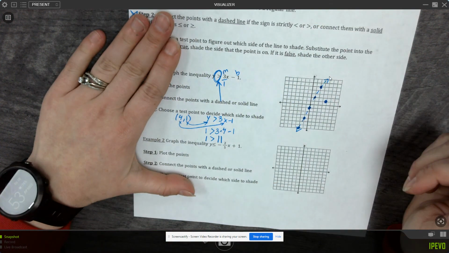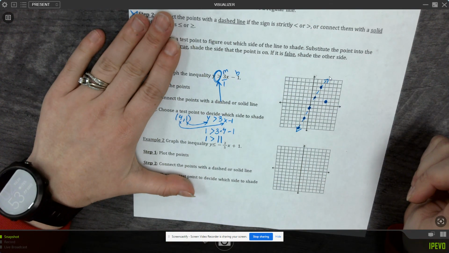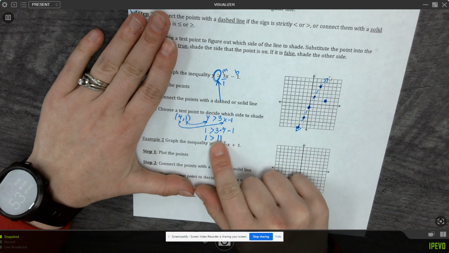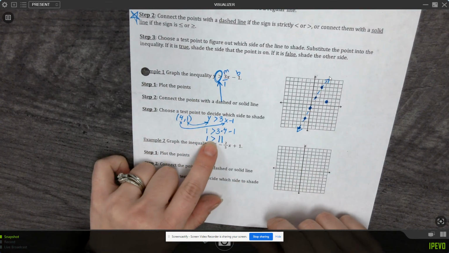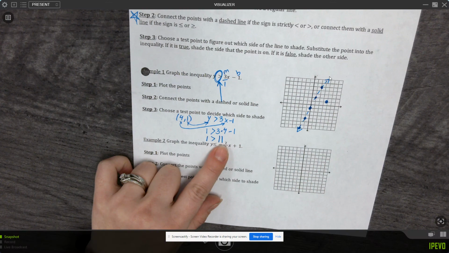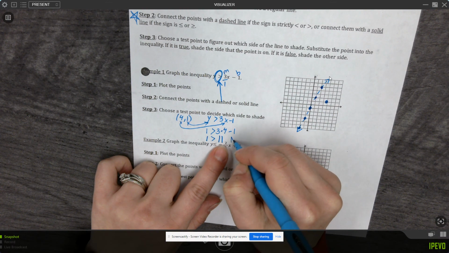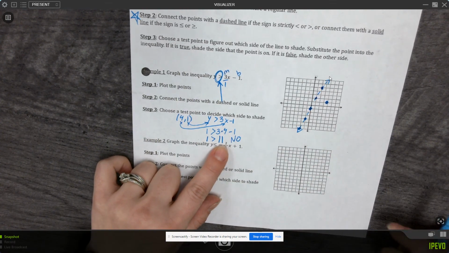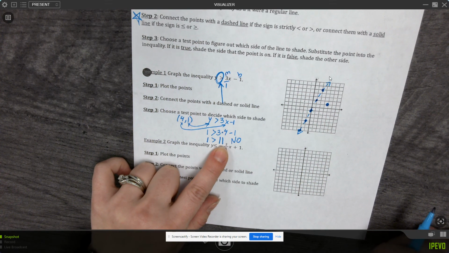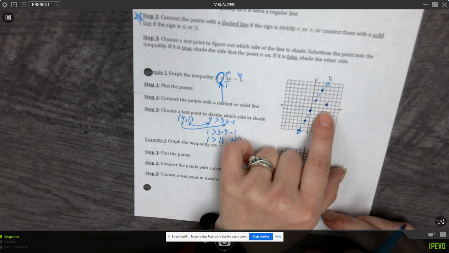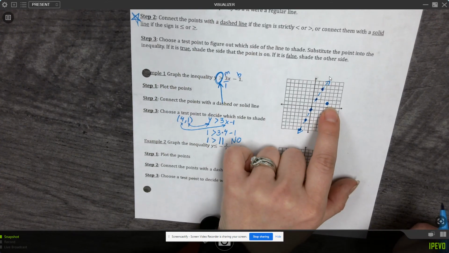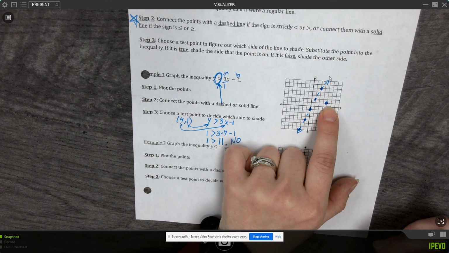So if the left hand is the less than, and that doesn't match it, then that's a greater than sign. So this says 1 is greater than 11. No, it's not. 1 is not greater than 11. So if this is not true, then I do not want to shade this point in, because this point is not a solution.